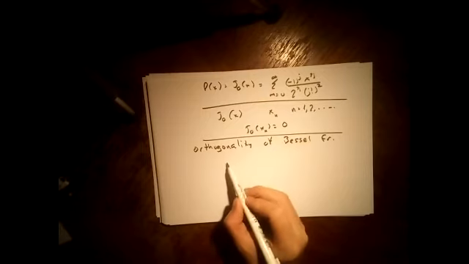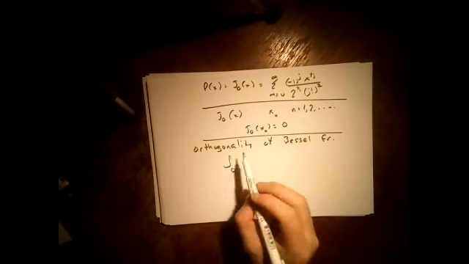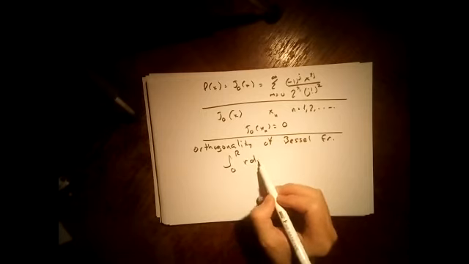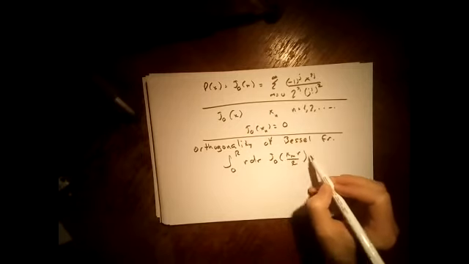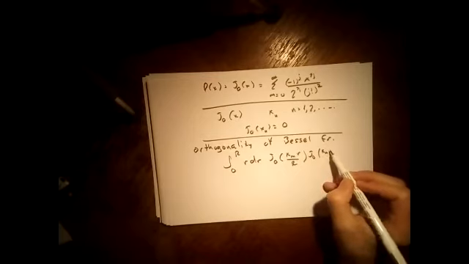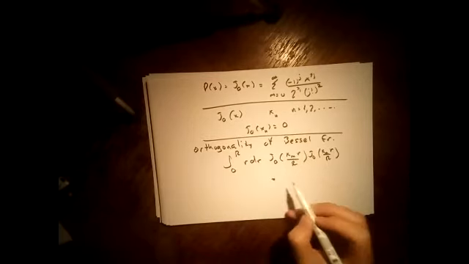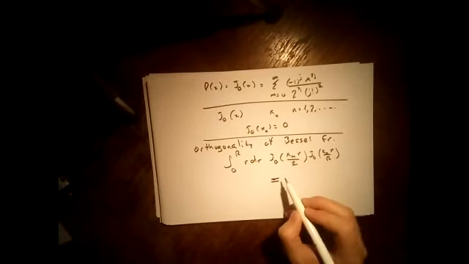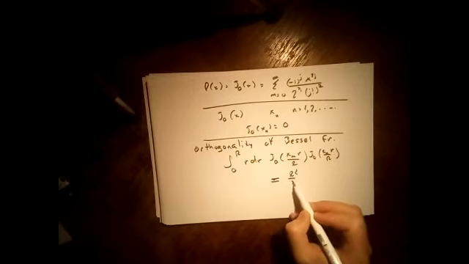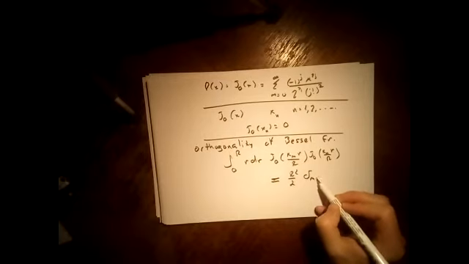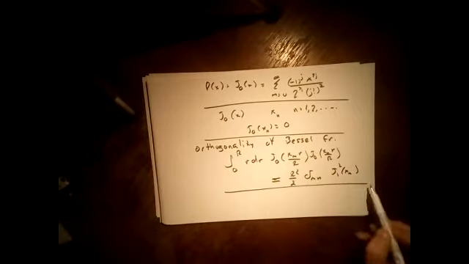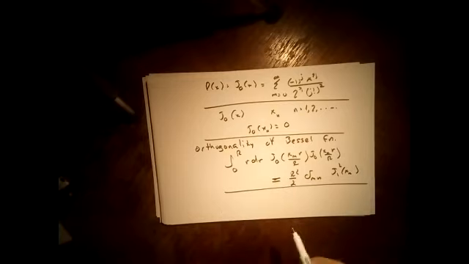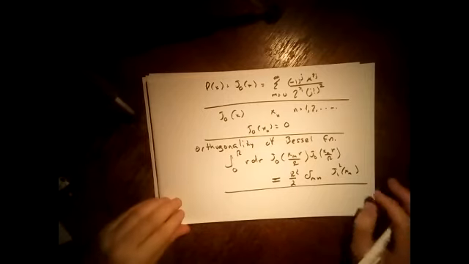What you can prove is that the integral from 0 to R of r dr J0 of x_m r over R, J0 of x_n r over R is equal to R squared over 2 delta mn J1 of x_m squared. I didn't prove this, but this is the orthogonality relation for Bessel functions, and we are going to use this to solve our problem.